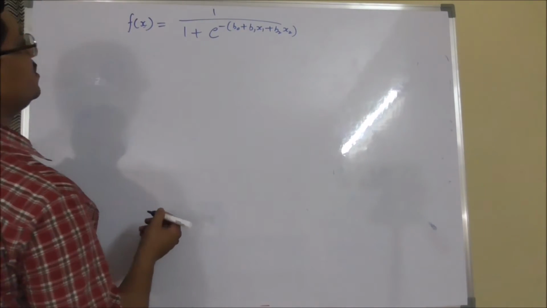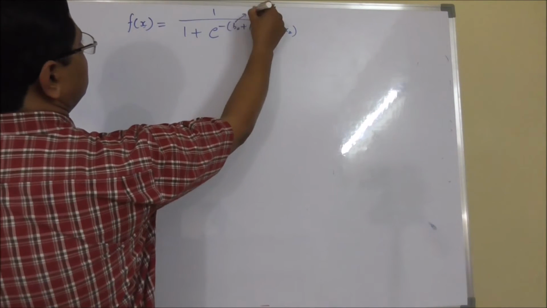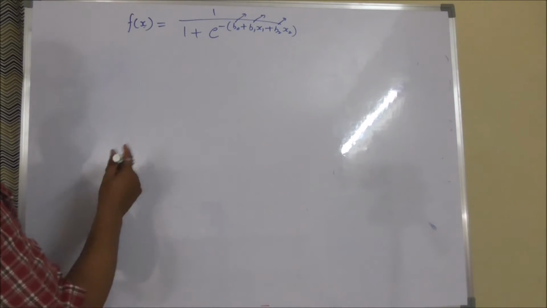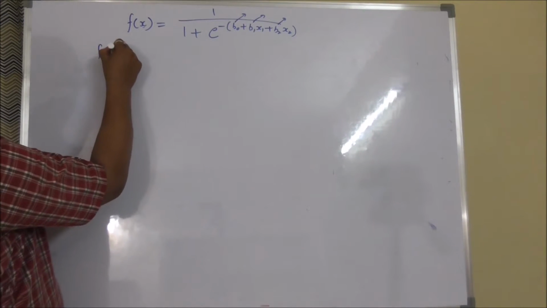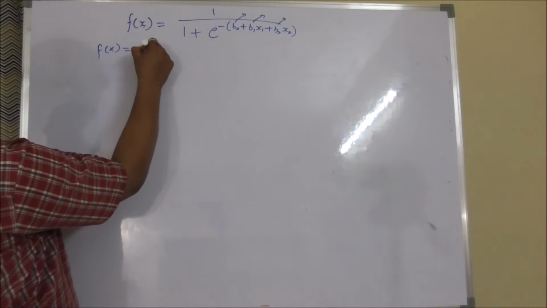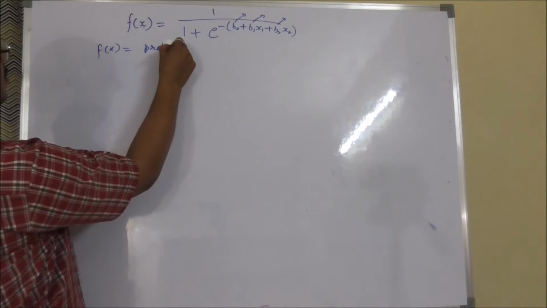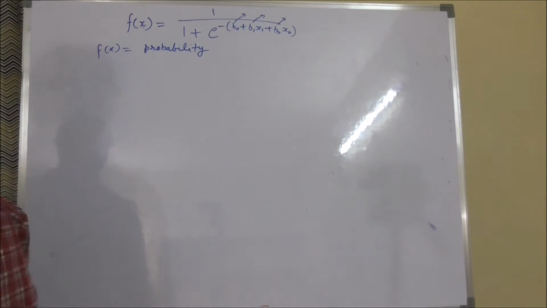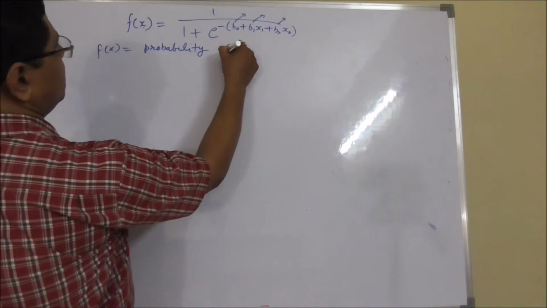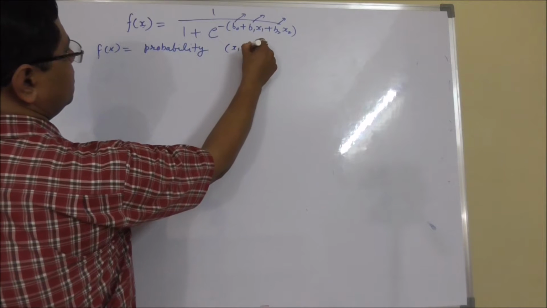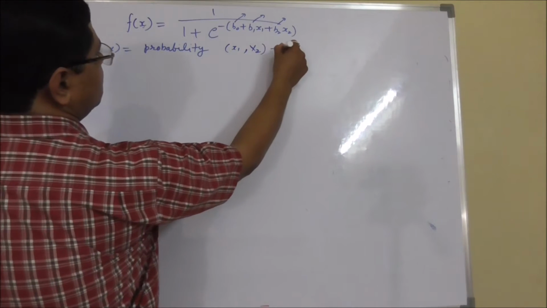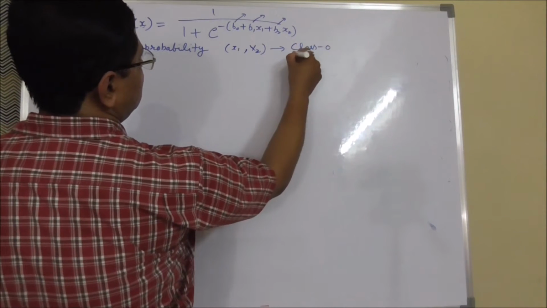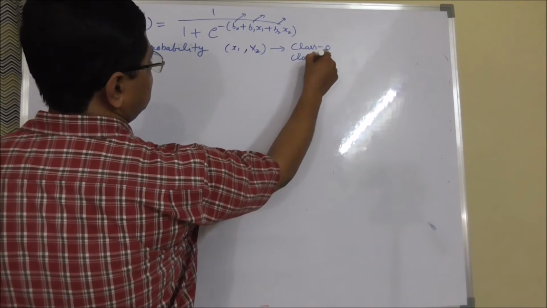Now the next part is how to calculate the values of b0, b1 and b2. Actually, in the current setup, f(x) will represent the probability of whether the point x1, x2 belongs to class 0 or class 1.